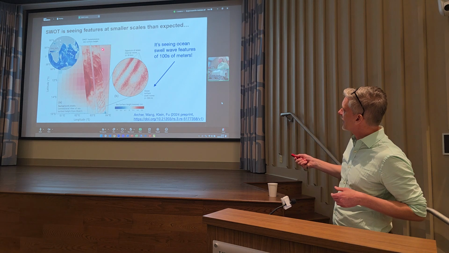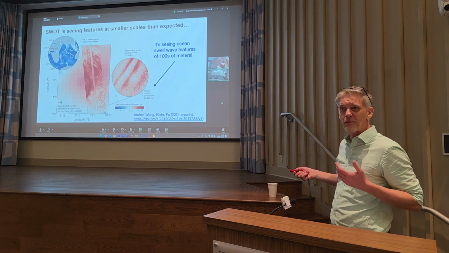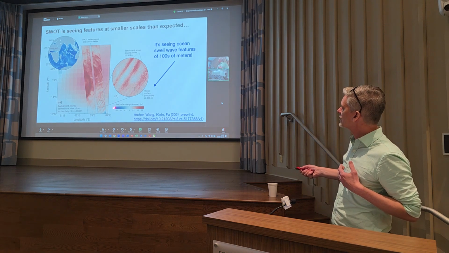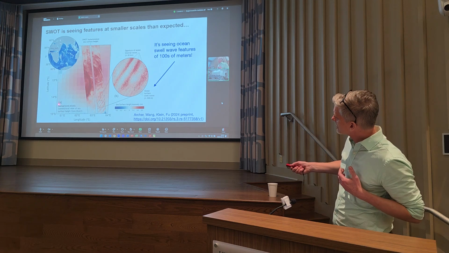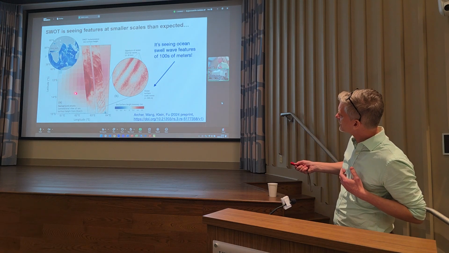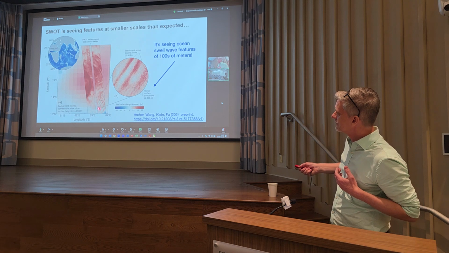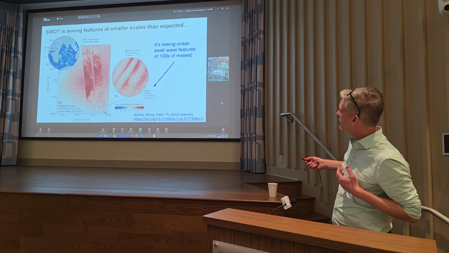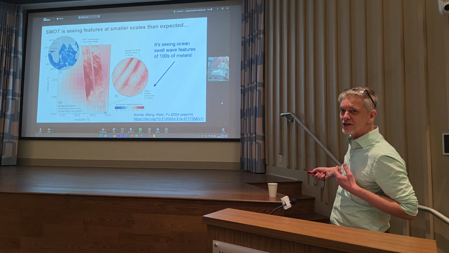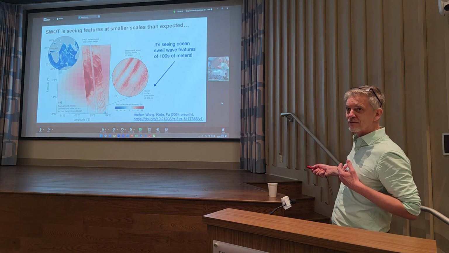In this particular case, they cherry-picked some nice examples. You see actual large-scale wave crests here. This is like 14 south, 13 south, so that's maybe 100 kilometers there. You zoom in on this, which is maybe 50 kilometers, and you can see these wave crests across. But if you look along there, you also see a bunch of little wave crests going along the bigger wave crest.